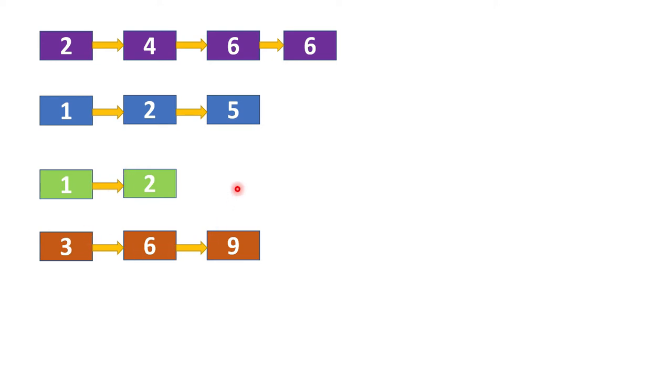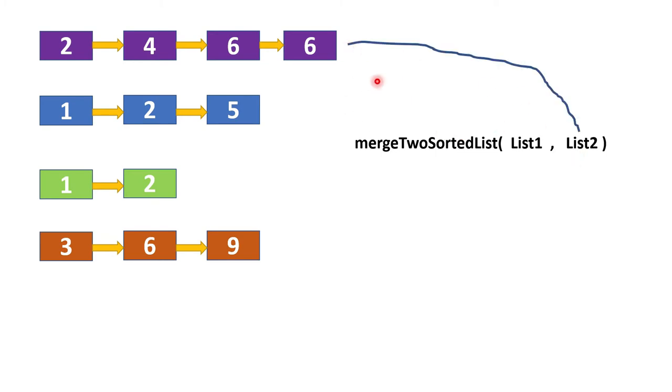So the first approach we can take is, we already know the program of merge two sorted linked list. Can we take help of that? So suppose this is the method merge two sorted list, which will take two sorted lists as input and return the merged sorted list, right? So first we can take list 2 and list 1 as the input.